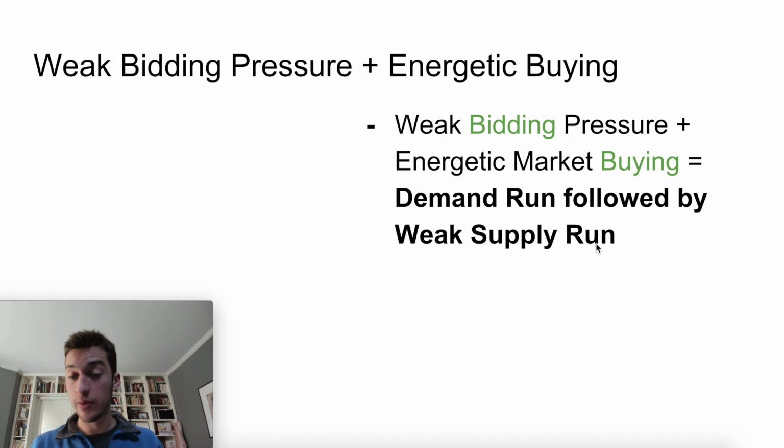And what happens after that will probably be another demand run. But if you see the bids just vanish and an offer will pop up, that could actually be a bearish reversal, price goes down. But what I say here is weak bidding pressure and energetic market buying, you're probably going to get a supply run, as price doesn't have to, but price will probably sell down to lower bid walls.